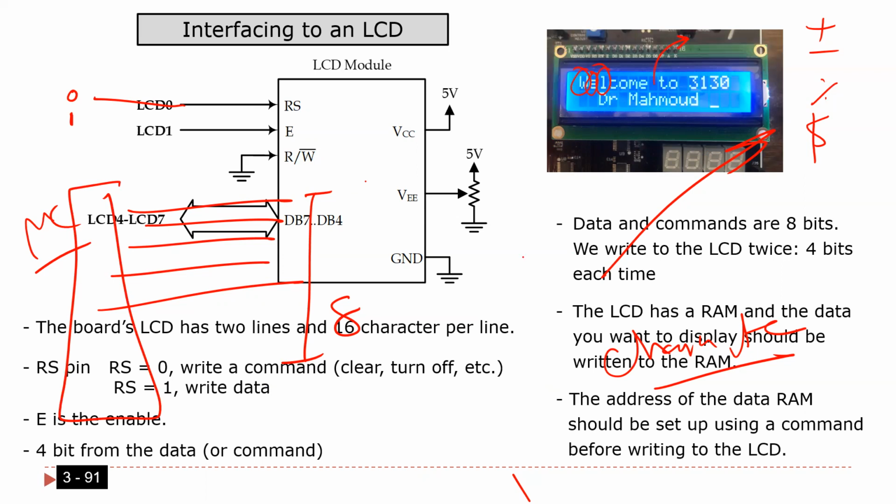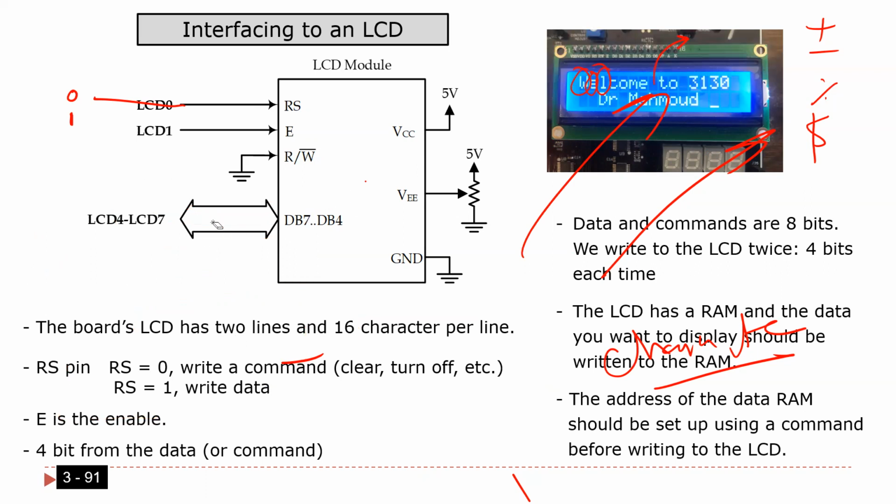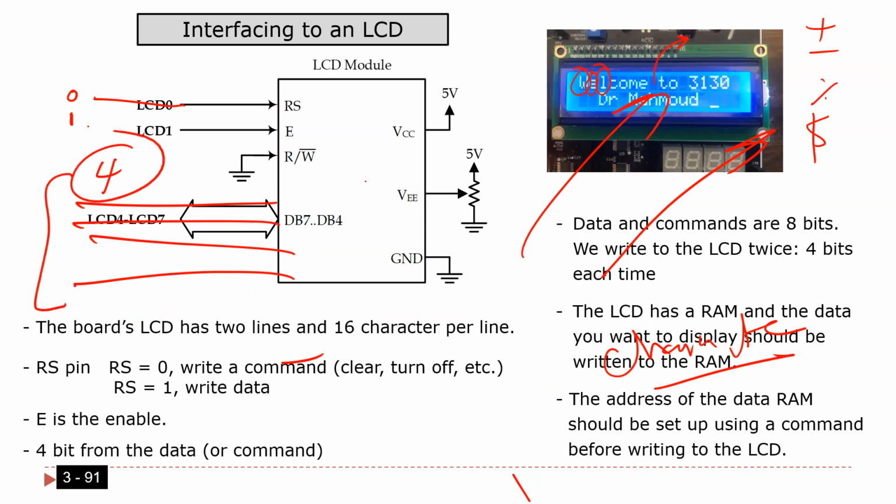The same LCD, you can also use it in 4-bit mode. So what does this mean? It means I'm going to connect it to only 4 pins. But wait a second, it doesn't make sense to connect it to 4 because you just told us your data are 8 bits. So I have to send the 8.